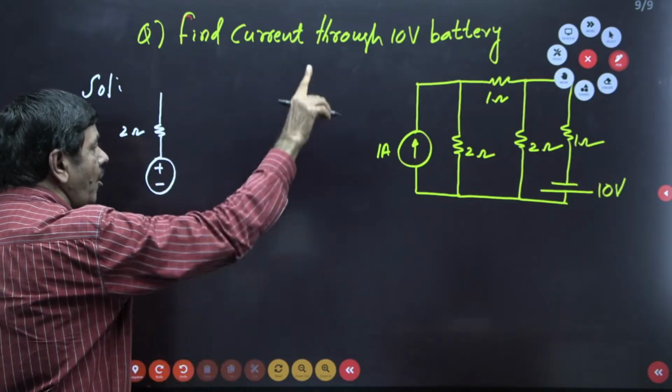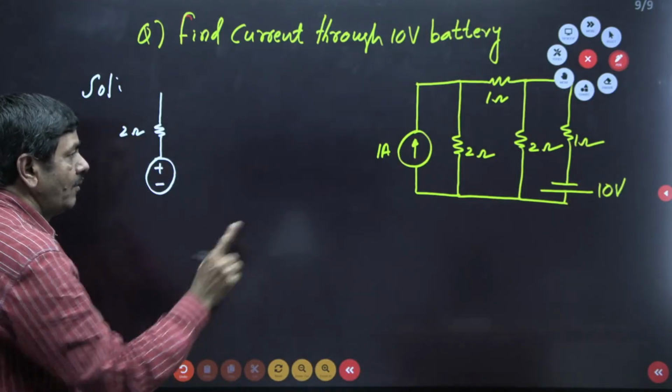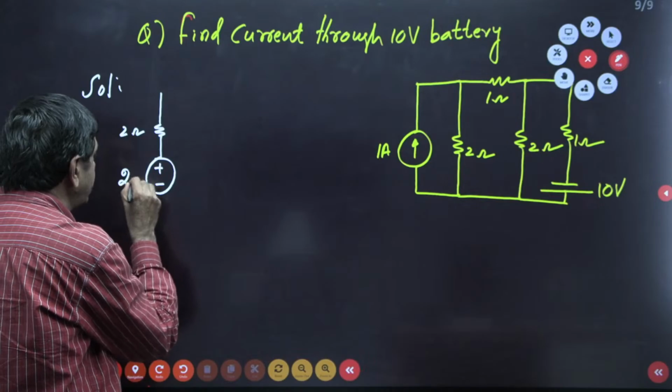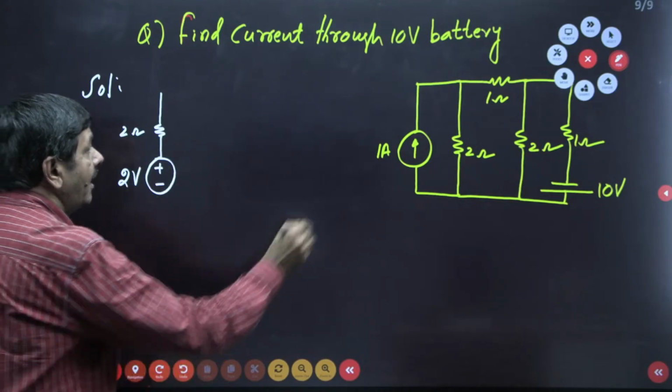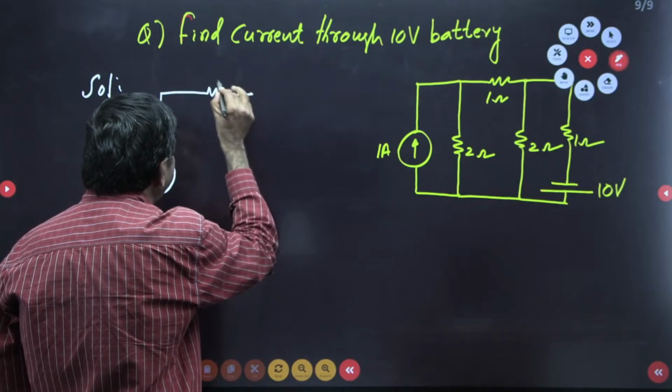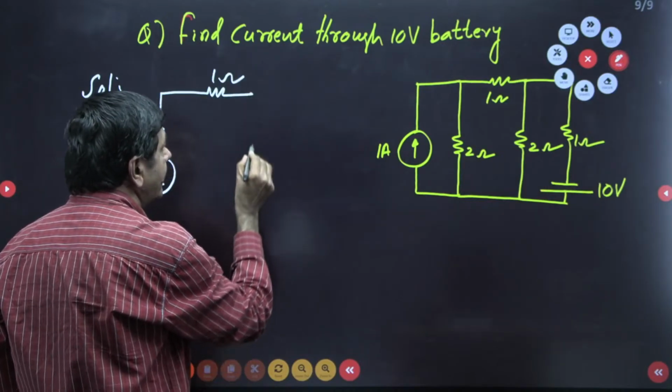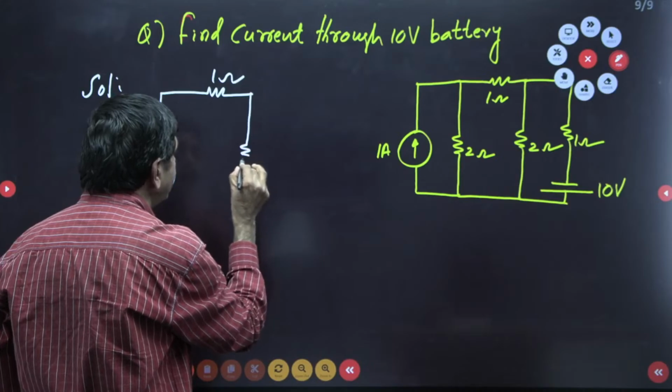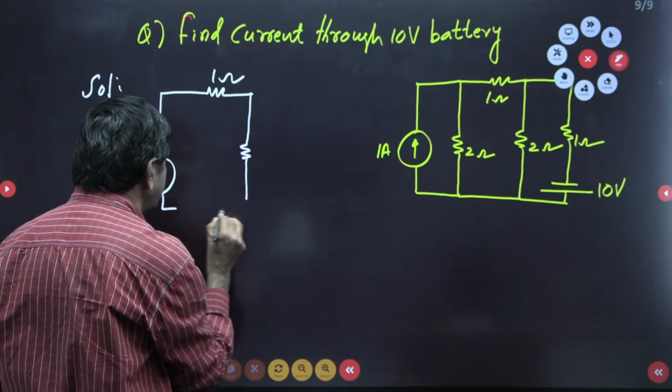With the current direction on top, the plus and minus polarity is possible: 1 into 2, so 2 volts, and 2 ohms. And they are also connected to the 1 ohm. The rest of the circuit we can draw as it is, with the 2 ohm connected as it is.